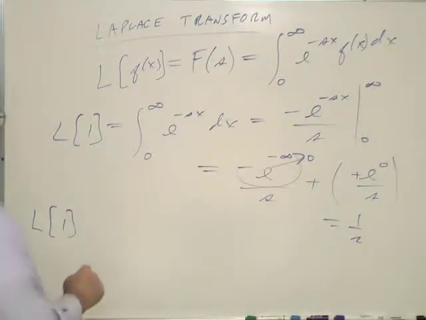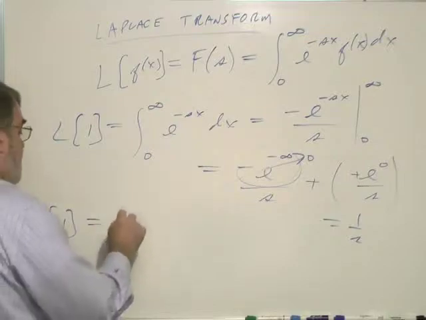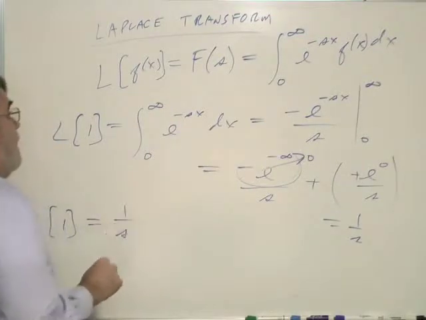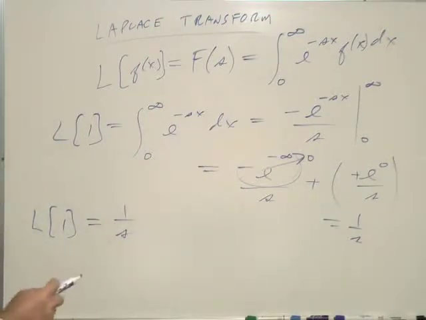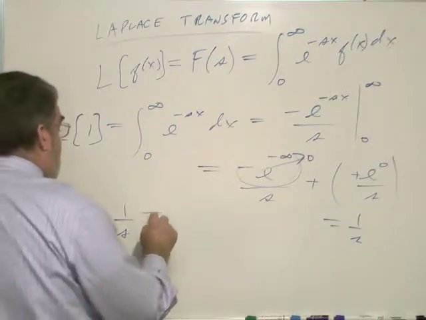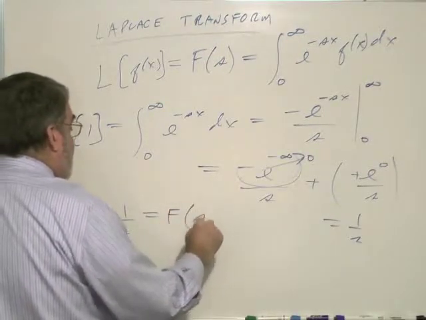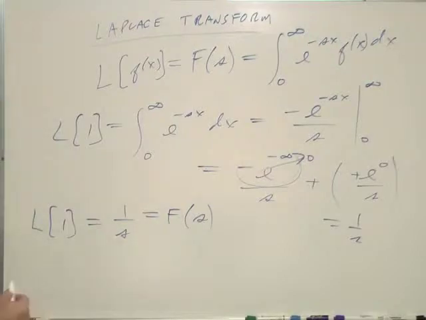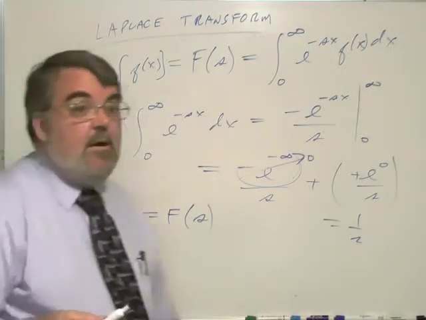Laplace transform of 1 is 1 over s. And you could say that's equal to capital F of s. I'm not sure how productive that is, but I'm sure that shows up in various notations. So Laplace transform of 1 is 1 over s.